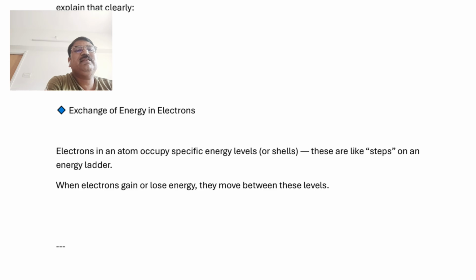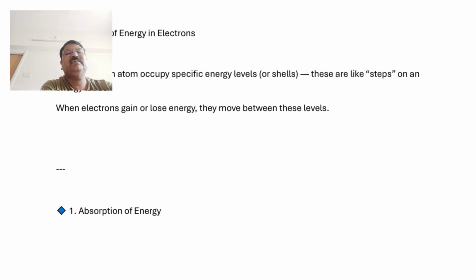Next one is the P orbital, next one is the D orbital, and next one is the F orbital. So electrons are present in various orbitals having different energy levels. When electrons gain or lose energy, absorb or emit energy, they move between these energy levels, that is S, P, D and F.